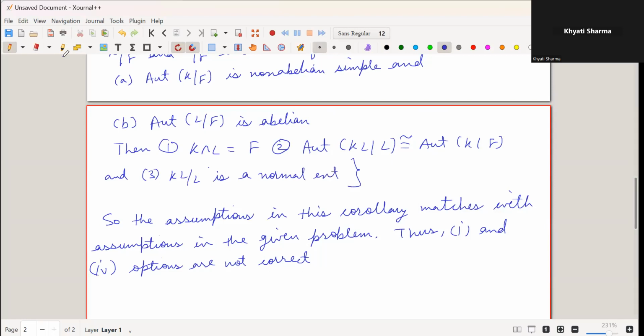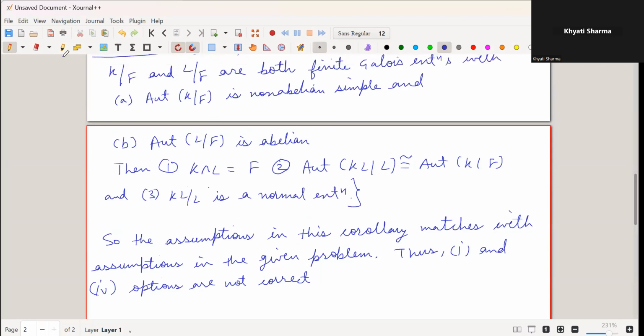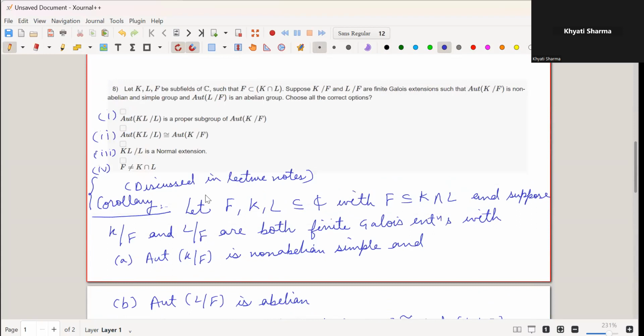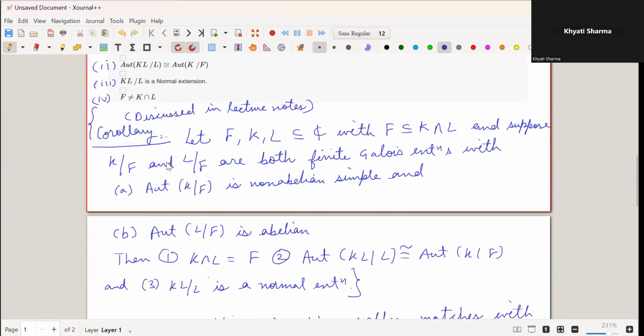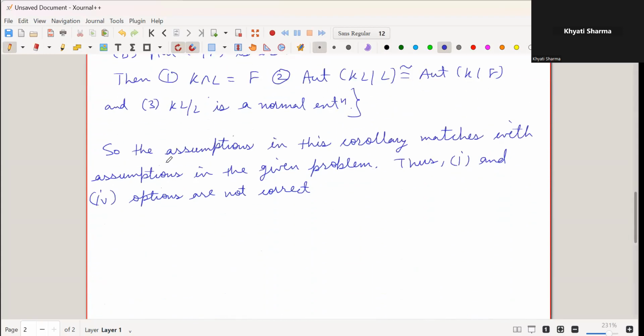So this is the same as the third option. You can see the second and third are correct, and the first and fourth are not correct.